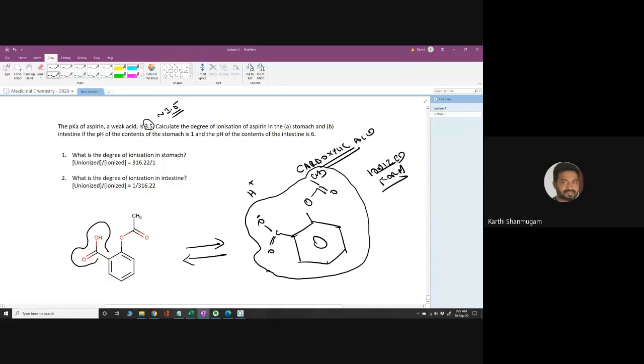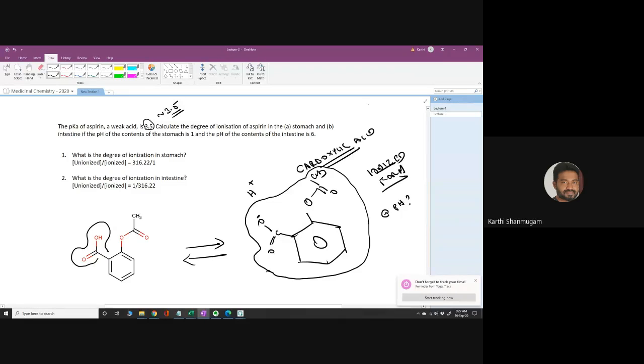Yes, sir. So the molecule is in its ionized form. When this will happen depends on the pH of the solution. So it can easily donate its proton at what pH?